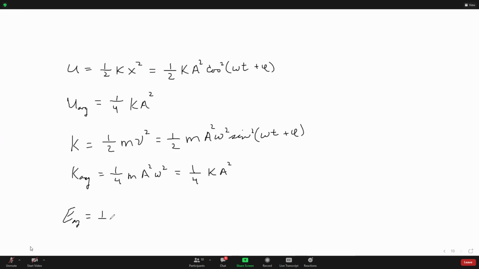It's going to be 1/2 ka squared. And that makes perfect sense because the maximum value here is 1/2 ka squared. So add to that the maximum value of k, and then divide by 2, and this is what you get. Okay, so that's energy.